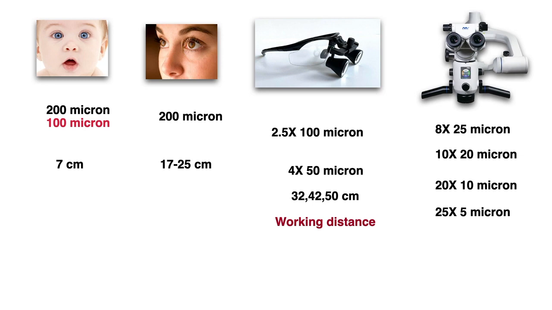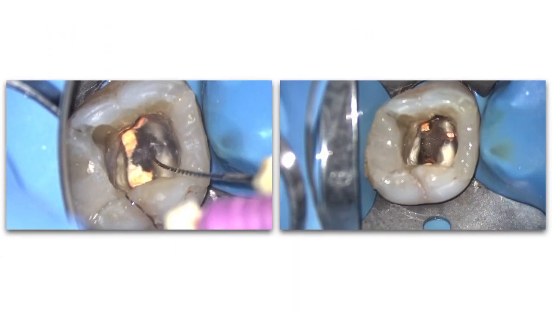So let me show you an example from my practical life. For example, here we have an upper first molar, and the case was referred to me because the patient had pain again. You see that I am using a size 10 until I catch the file. It means that the size of this orifice of the canal is 100 micron.